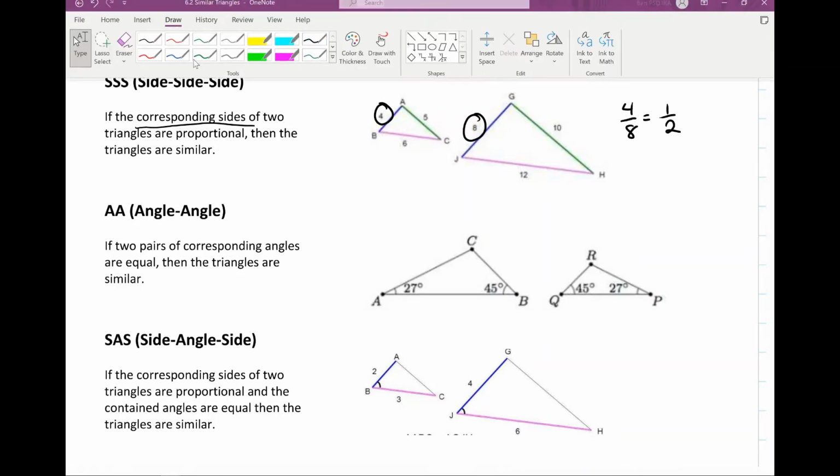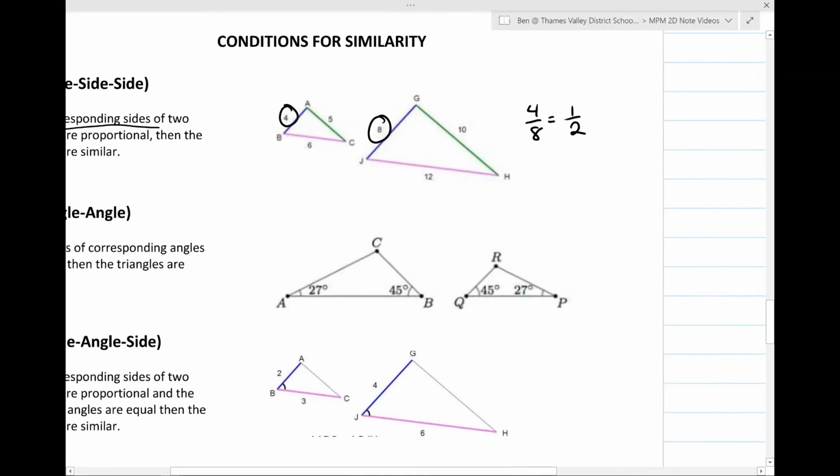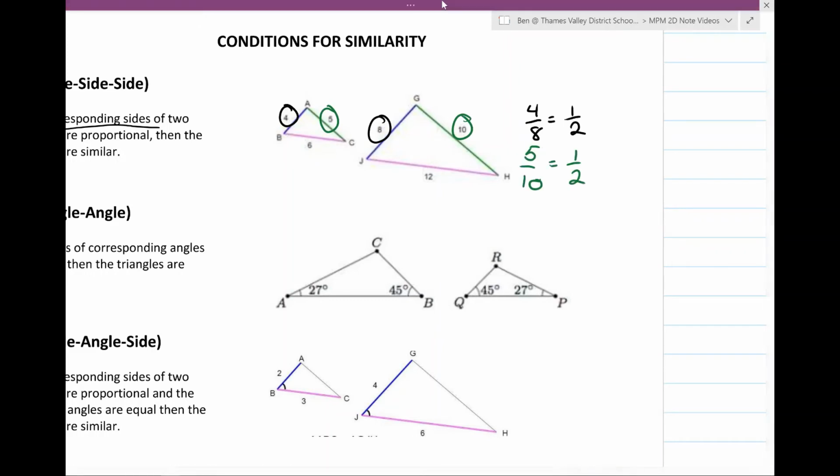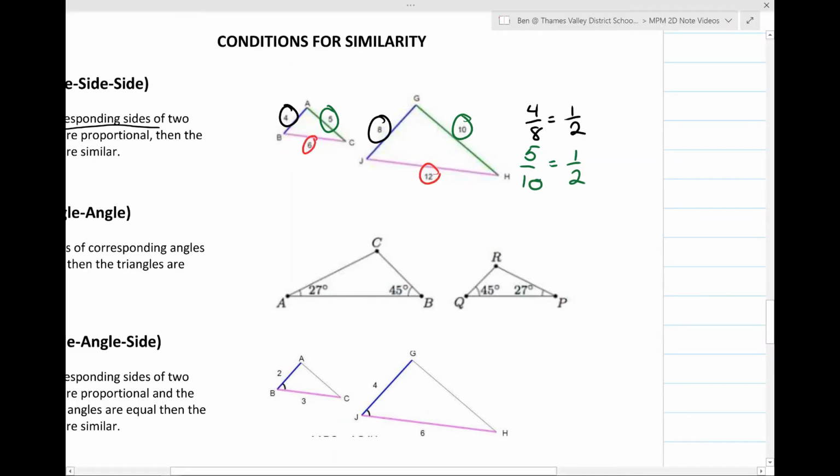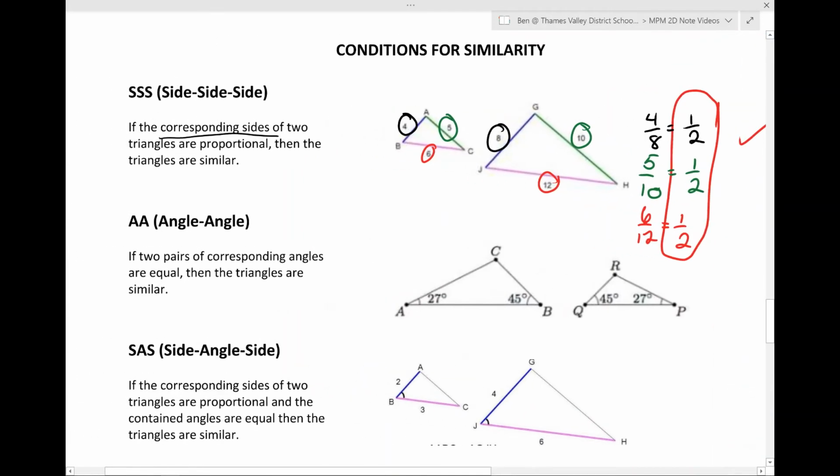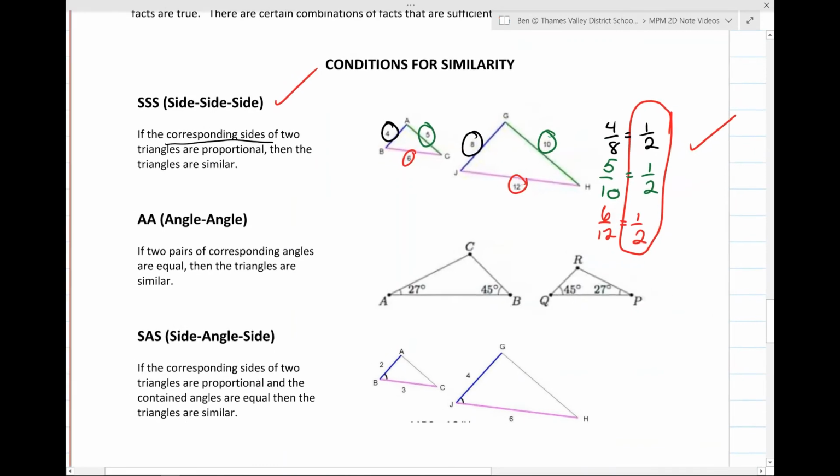That's our first ratio. If that's the same as 5 over 10, we can reduce that to 1 over 2. Fantastic. And then the last one, 6 over 12, equals 1 over 2. Good. So we see this consistent ratio. That's enough to show similarity: side, side, side.